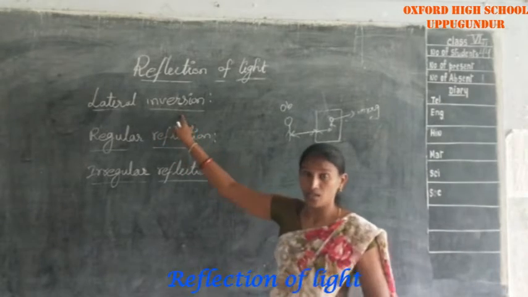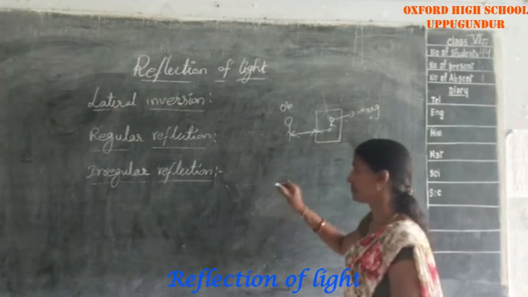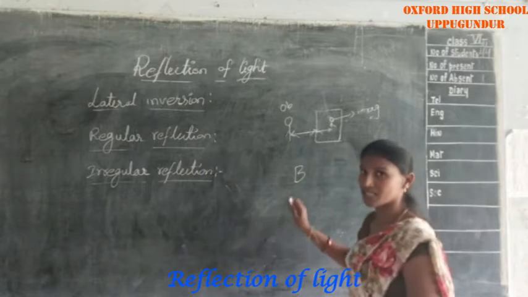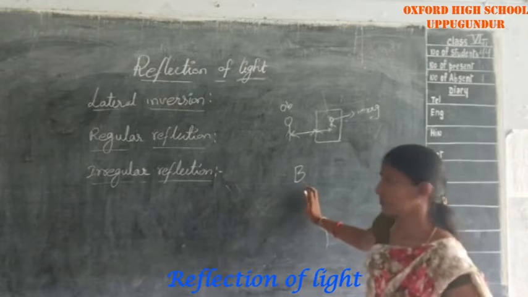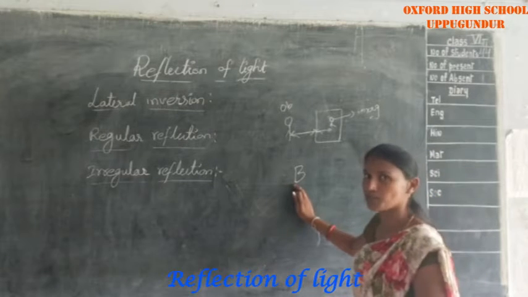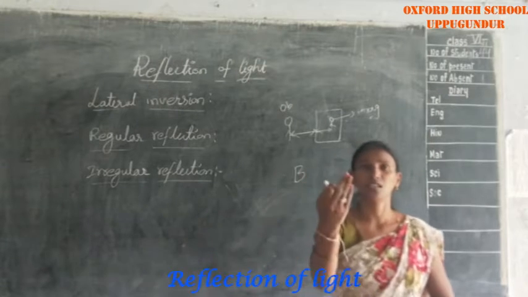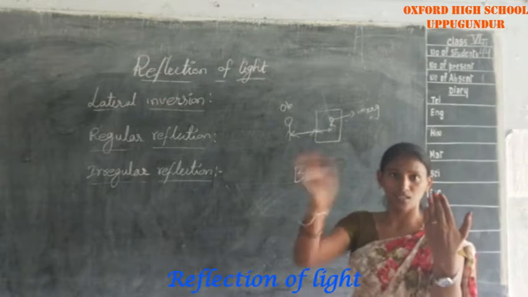Suppose you are writing the letter B. So this is the real position. When you observe this letter in the mirror, automatically you observe the reverse condition.